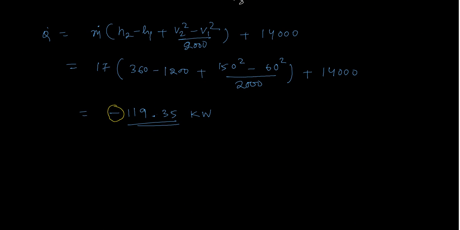Okay, so here the minus sign is indicating that our heat is getting rejected from the system. So we can say q dot will be equal to minus 119.35 kilowatt.